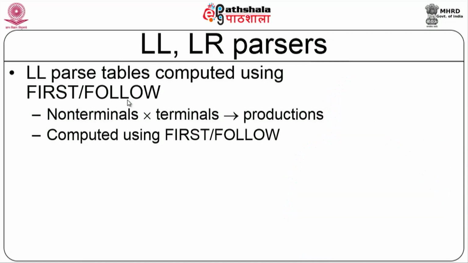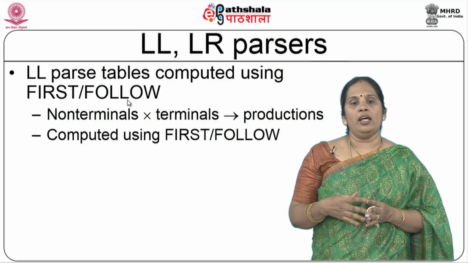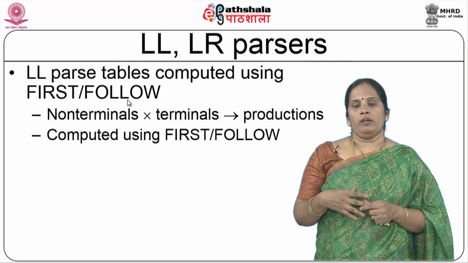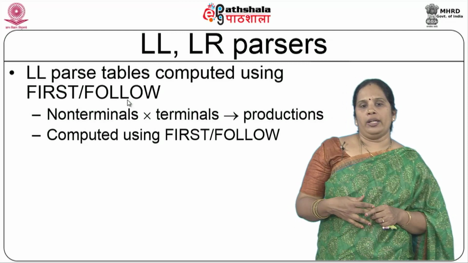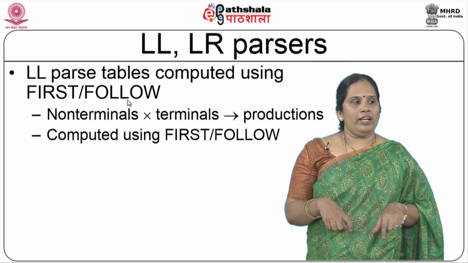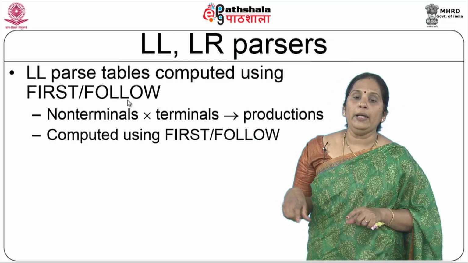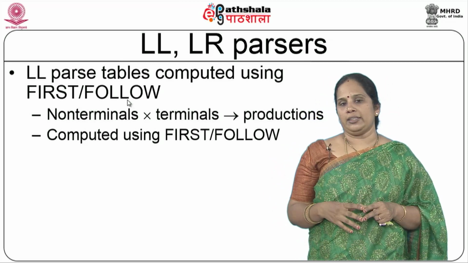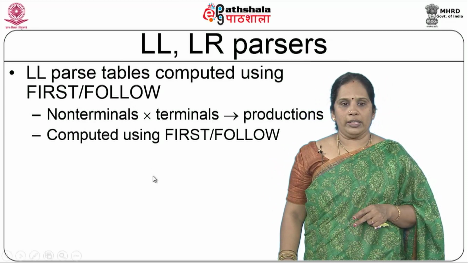The pre-processing is in terms of removing left recursion and trying to left factor the grammar. So, left recursion is eliminated and you have converted your left heavy grammar to a right heavy grammar basically, and that was the prerequisite for LL parsers. The table was computed using first and follow.